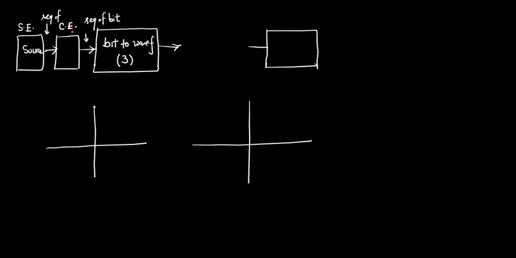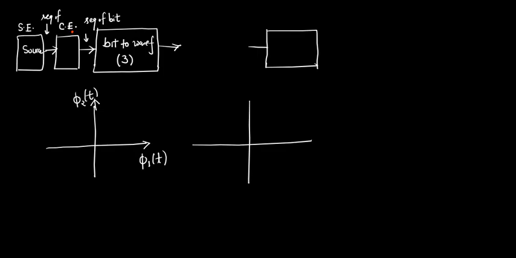So we have 4 symbols, and we map them to 4 different waveforms, which can be composed by using these 2 orthonormal bases.